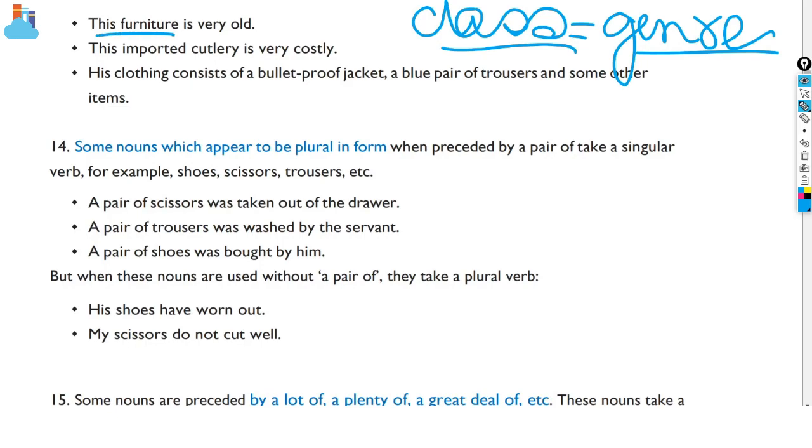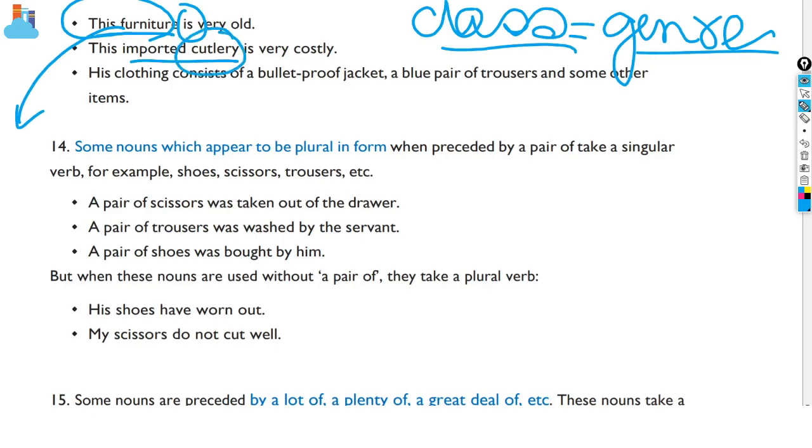Look, this furniture, furniture is a class noun. Even though this furniture actually includes the table, the chair, and a number of tables and chairs, we are talking about one single unit, and therefore this is followed by the singular verb. This imported cutlery is very costly.